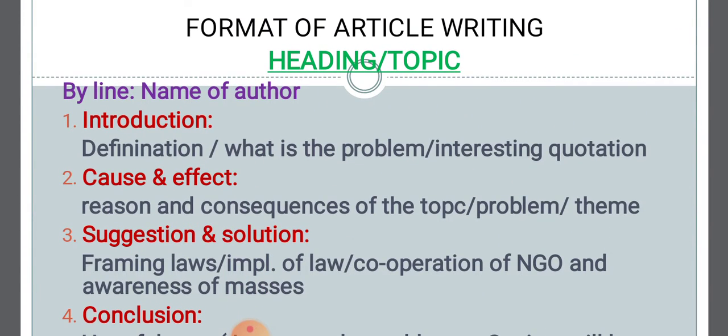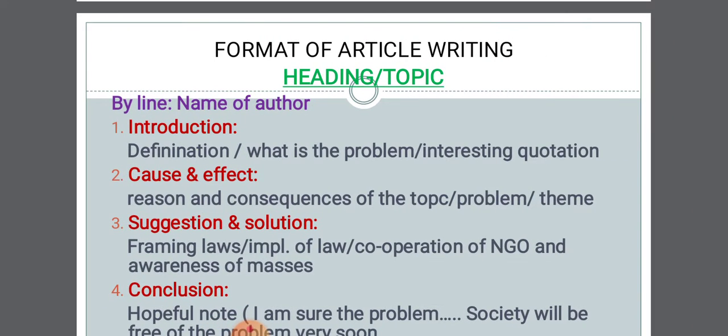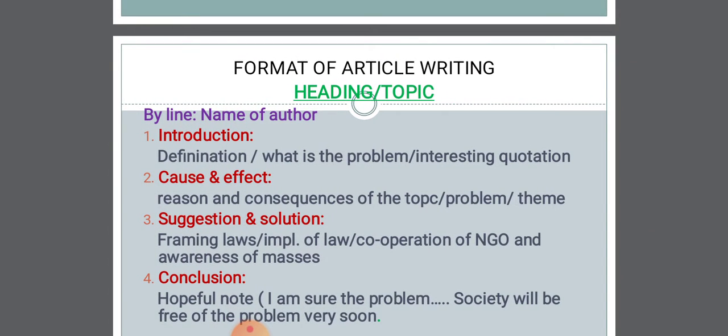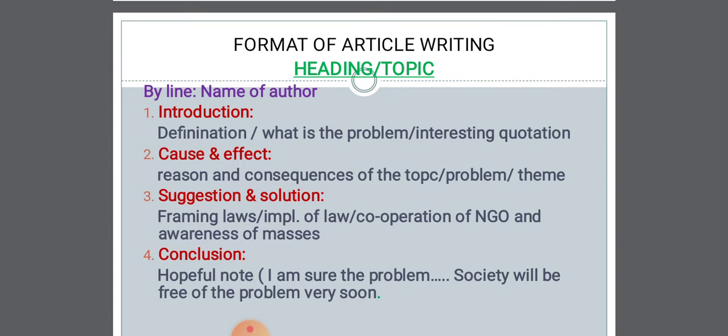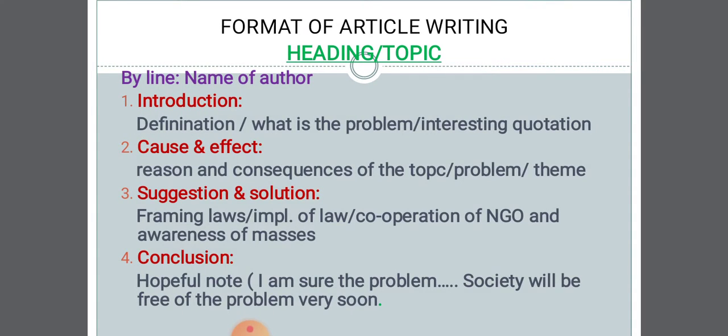The format of an article. Now see, we have discussed the introduction. Now what about the other paragraphs? When you write an article, you should keep in mind that 4 distinct paragraphs should be there. First one is for the introduction.